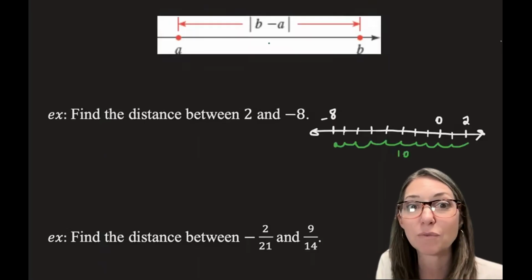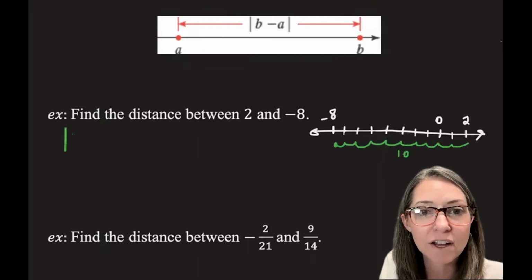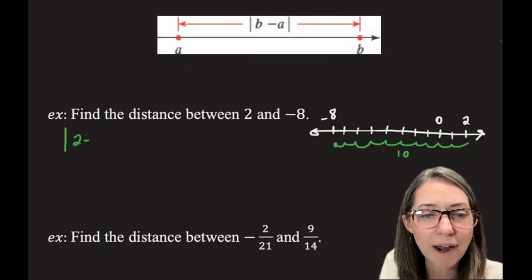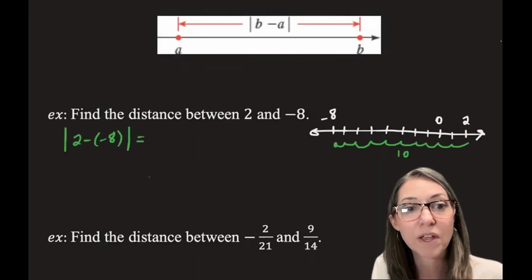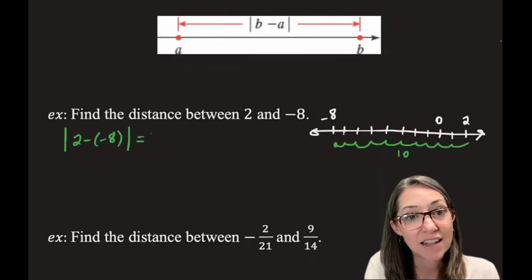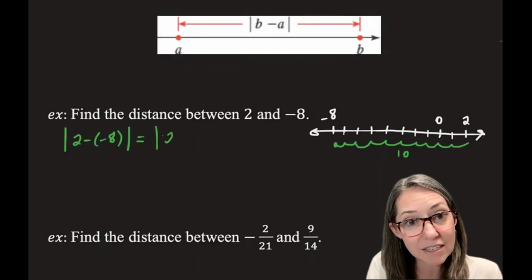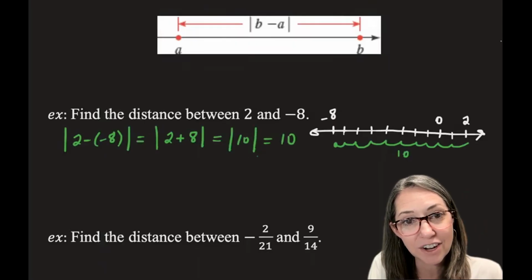Now let's see what happens if we take the absolute value of 2 minus -8 first, and then we will reverse it also. So 2 minus -8, that's equivalent to 2 plus 8, which is 10, and the absolute value of 10 is 10. There's our answer, right?